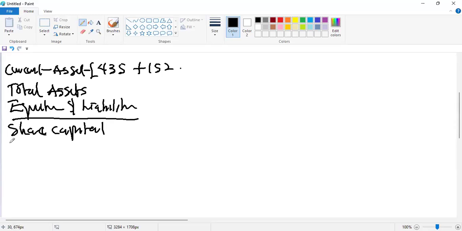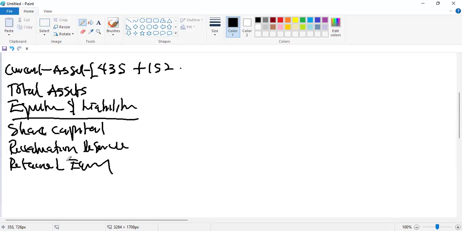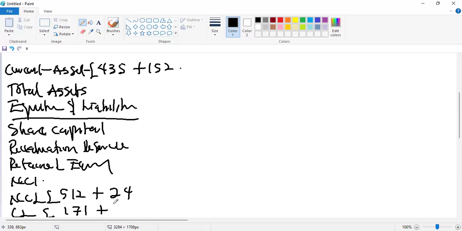Revaluation reserve. Retained earnings. NCI. Non-current liability: 512 plus 24. Current liability: 171 plus 104. That's all.